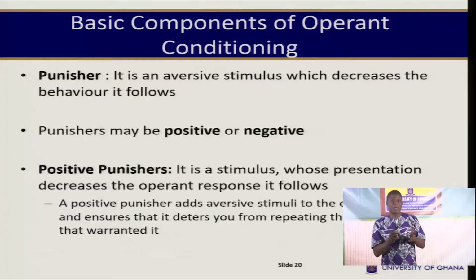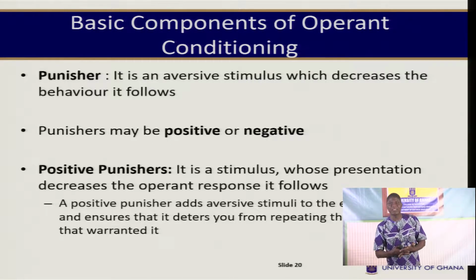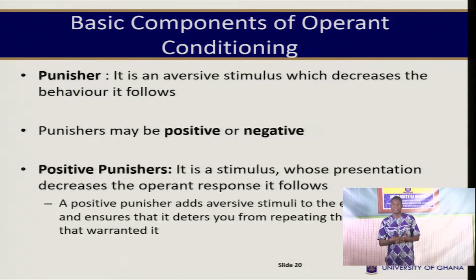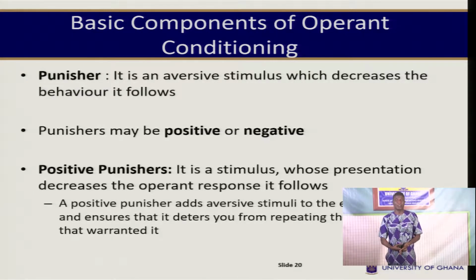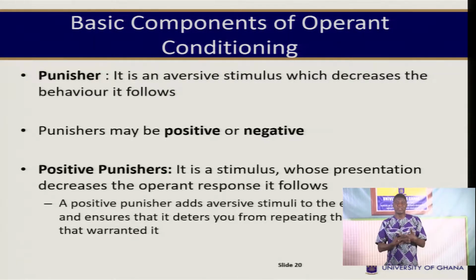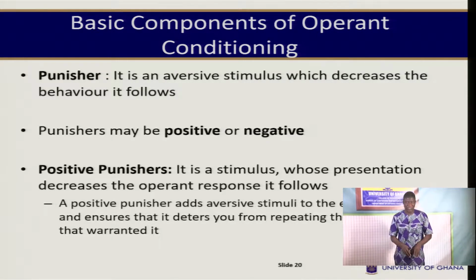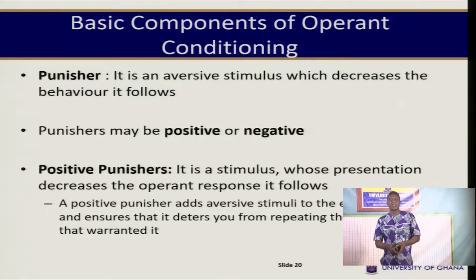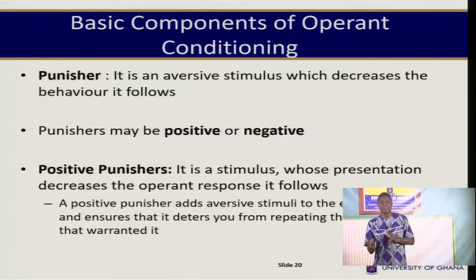Now let's look again at the other aspect, punishers. A punisher is an aversive stimulus which decreases the behavior that it follows. So if a behavior is followed by an aversive stimulus, that behavior is likely to be reduced in terms of how often it will occur. In the same way as with reinforcers, punishers also could be positive or negative.